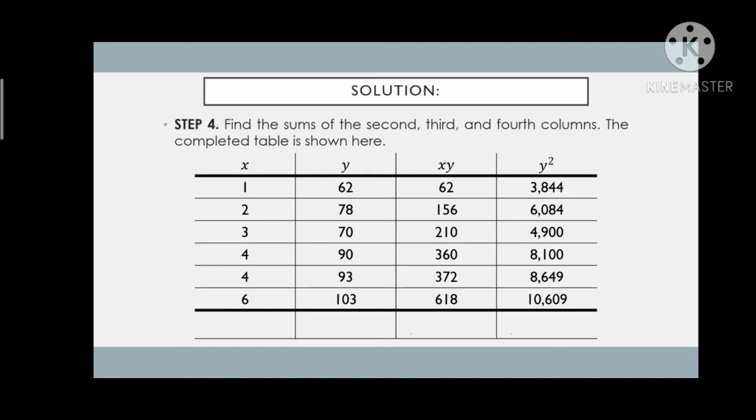And step 4, find the sums of the second, third, and fourth columns. The summation of y values is equal to 496. The summation of the product of x and y is equal to 1,778. The summation of y square is equal to 42,186.